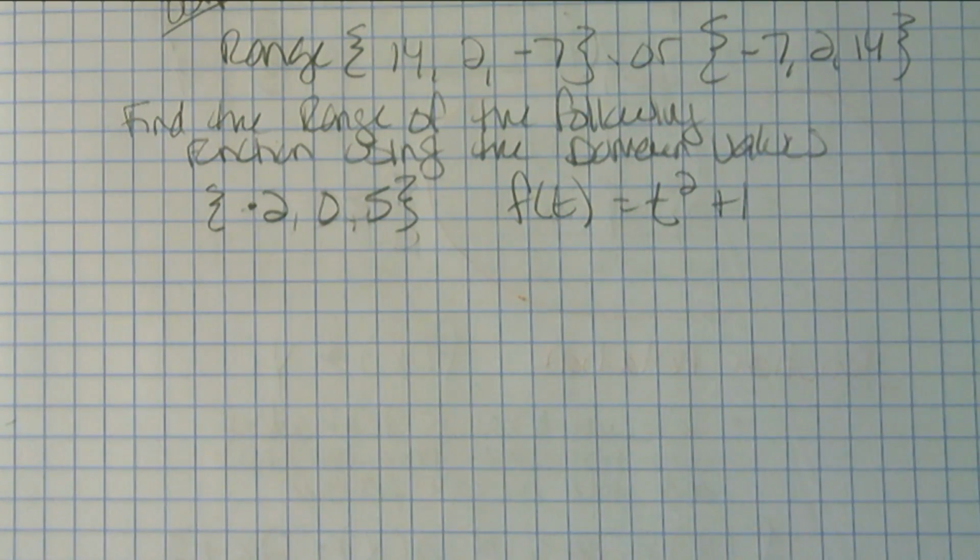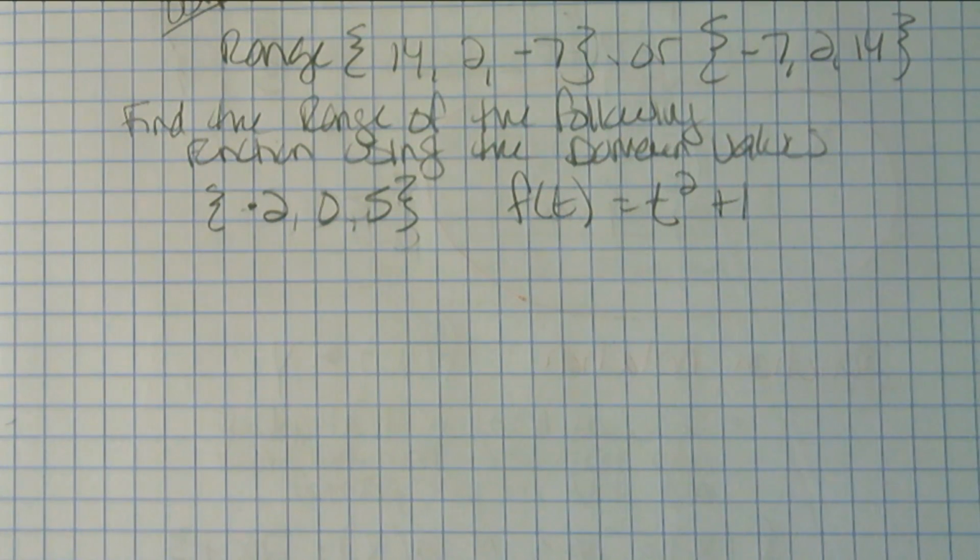Evaluating that function rule, or that equation. Function rule and equation are exactly the same thing. So evaluate that function rule. f of t is equal to t squared plus 1 when you have your domain values of -2, 0, and 5.